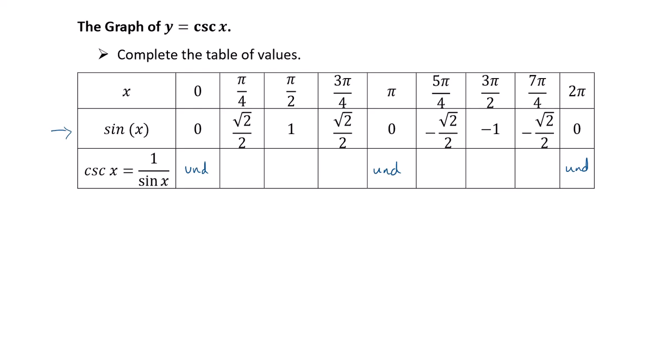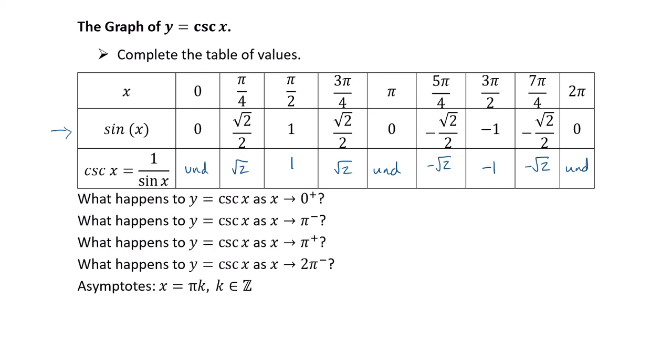The reciprocal of square root 2 over 2 is going to be the square root of 2 here and here. If it's negative, it's going to be the negative square root of 2. Reciprocal of 1 is 1. The reciprocal of negative 1 is negative 1.